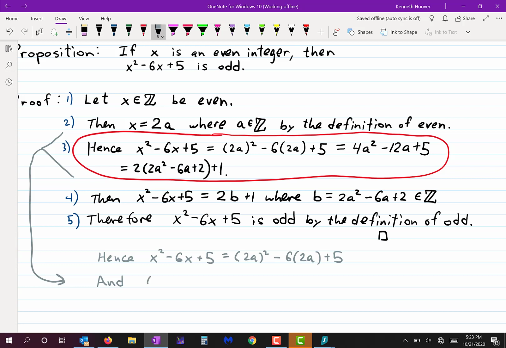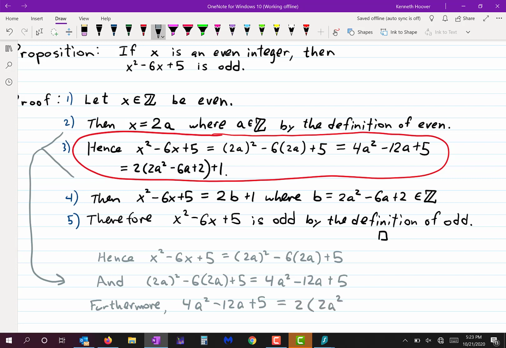And 2a squared minus 6 times 2a plus 5 equals 4a squared minus 12a plus 5. Furthermore, 4a squared minus 12a plus 5 equals 2 times the quantity 2a squared minus 6a plus 2 plus 1.